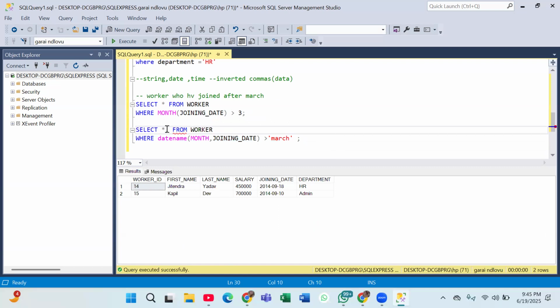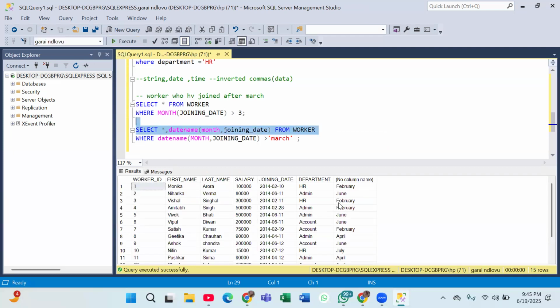Let me show you that also. Date name, March, month of joining date from my table, this.